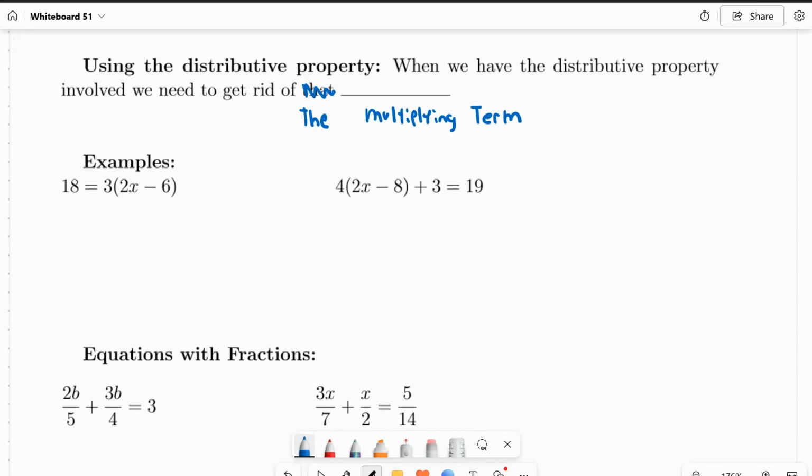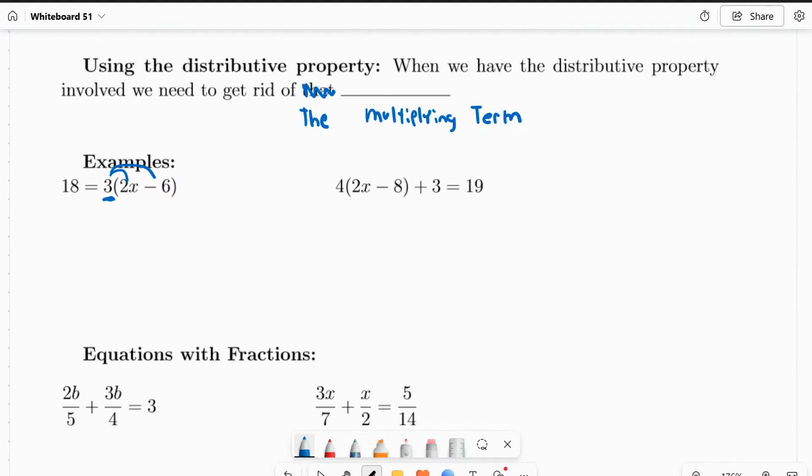The multiplying term is just the term that is out in front of our parentheses. So with the multiplying term, we really have two possibilities that we could do. We could distribute the multiplying term, or we could divide it out right away. I think most of you will want to distribute this, so that's how we're going to learn for now. I will show you the division way in the future.